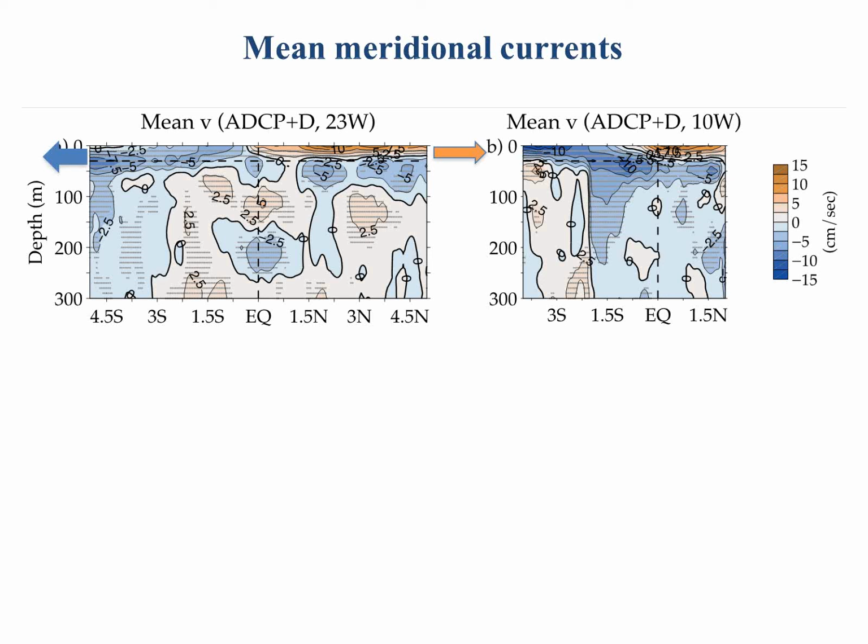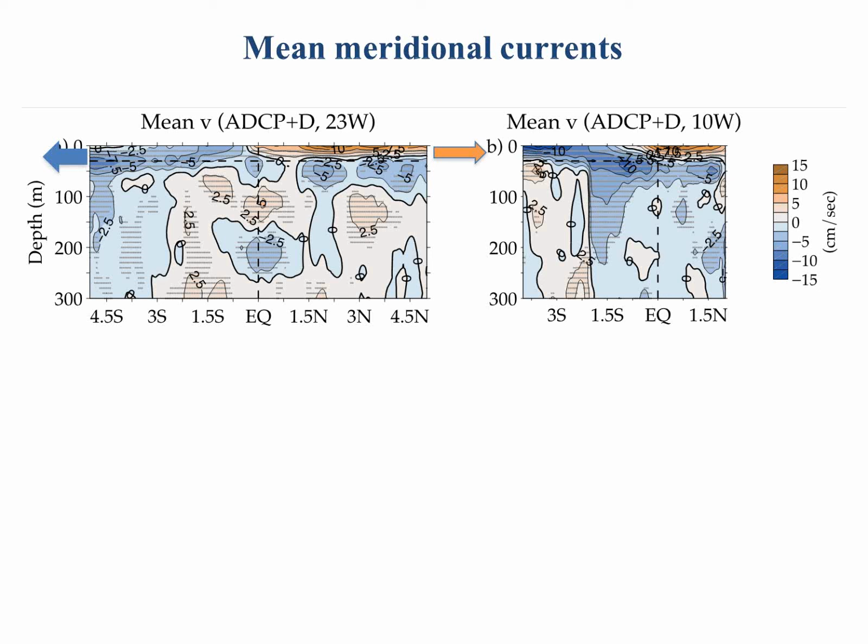And what you notice right off is that the northward flow north of the equator is stronger than it is in the southern one. It's also shallower. The surface limb of the northern cell is contained within the upper 30 meters, whereas the surface limb of the southern cell is about 50 meters thick.